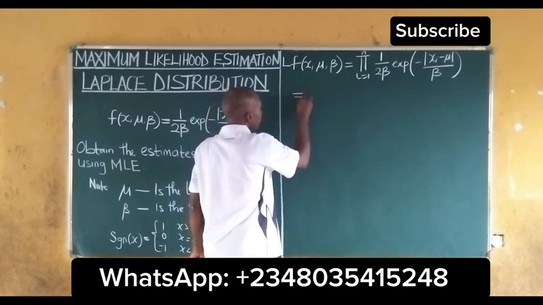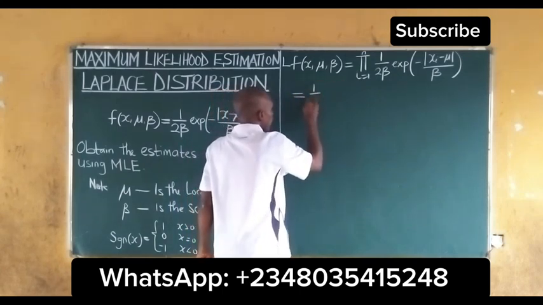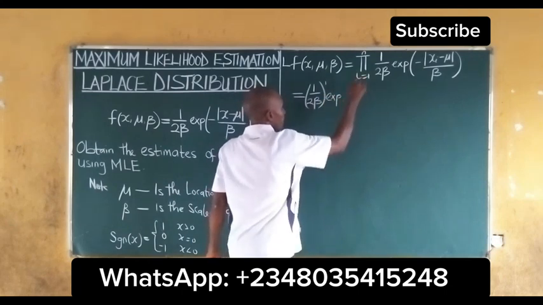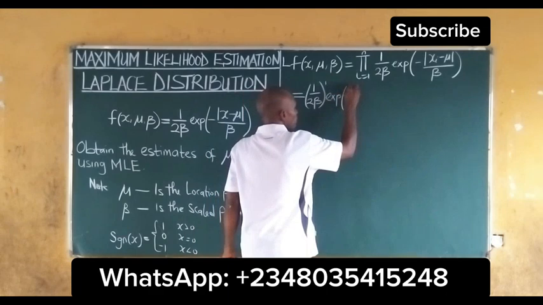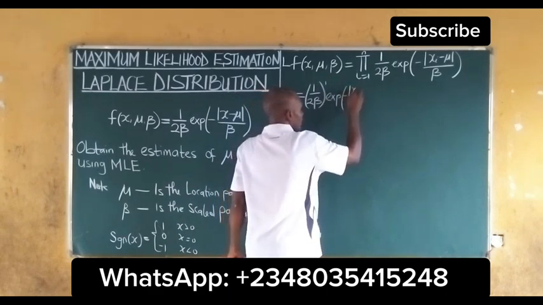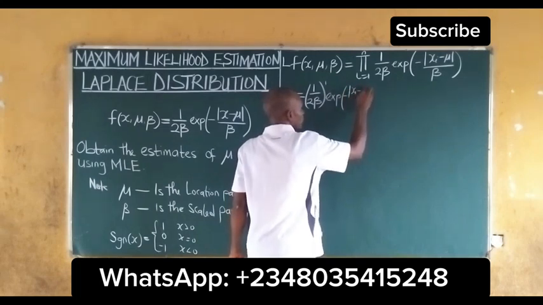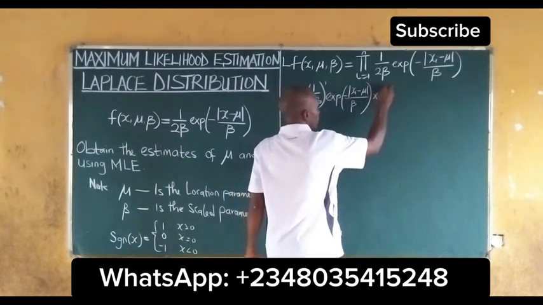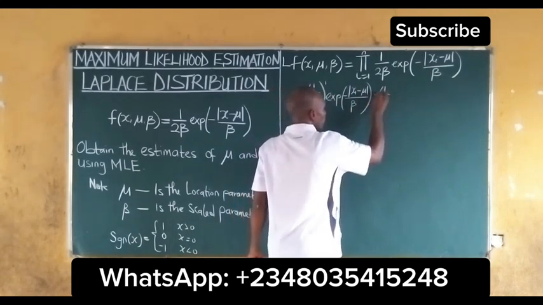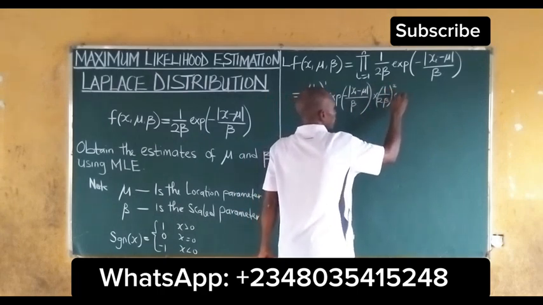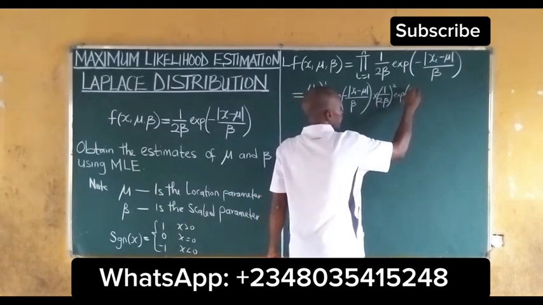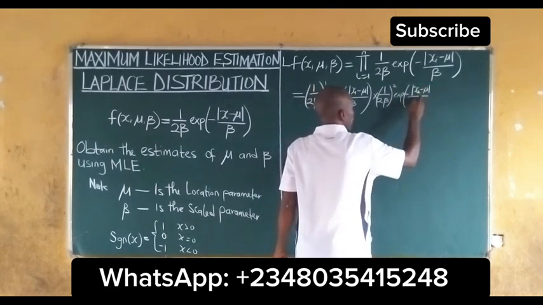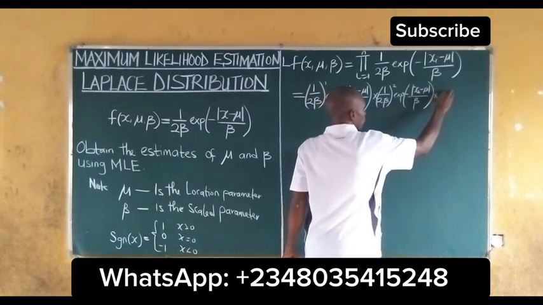So the likelihood function will be equal to 1 all over 2b, exponential negative x1 minus mu all over beta, multiplied by 1 all over 2b, exponential negative x2 minus mu all over beta, multiplied by, it continues like that.